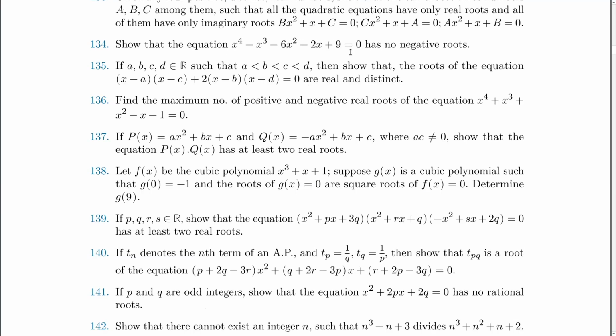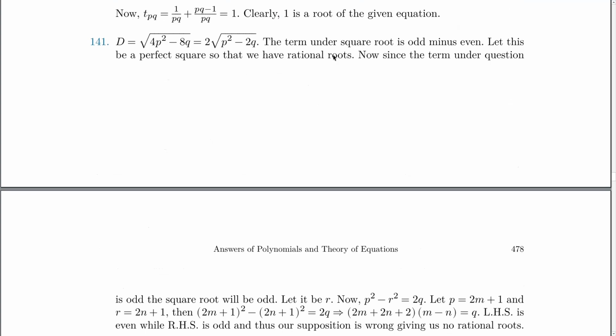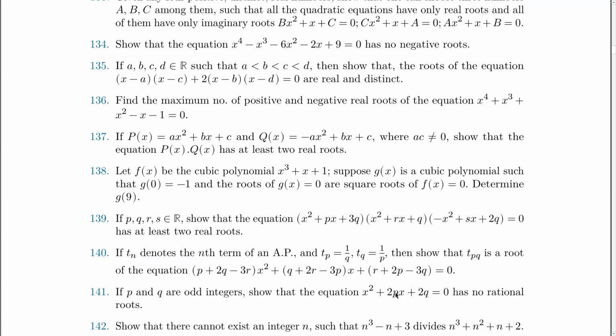Because if an odd number is not a perfect square, then it will become irrational. Now our second term is 2p, so minus 2p plus minus square root of D, divided by 2.